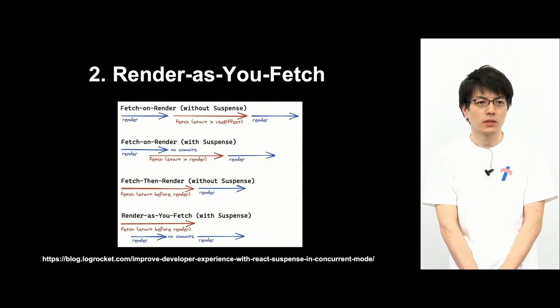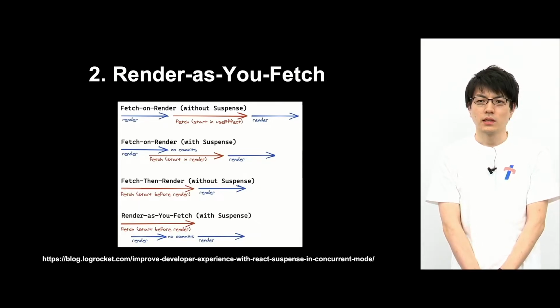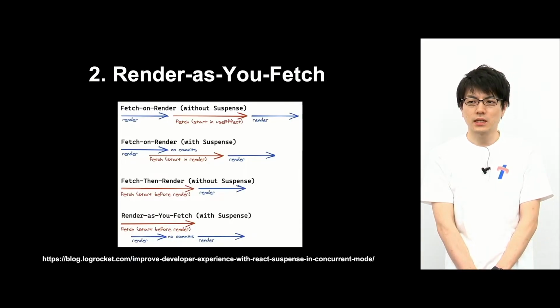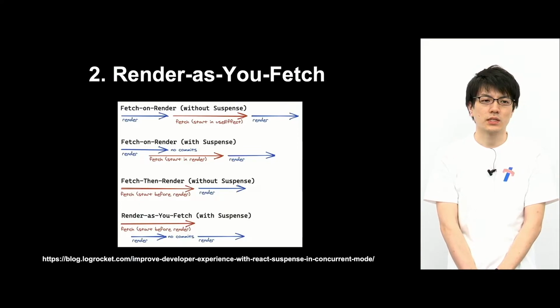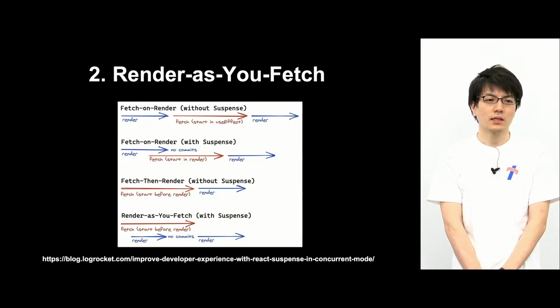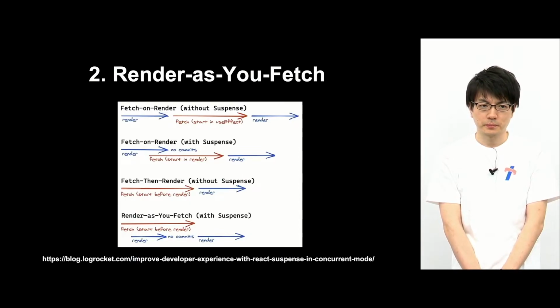Another thing as a part of the accomplishment with Relay is render as you fetch. Render as you fetch is that while fetching, you can render. So prior to the rendering, you can start the data acquisition. So the fetching and the rendering are happening at the same time.